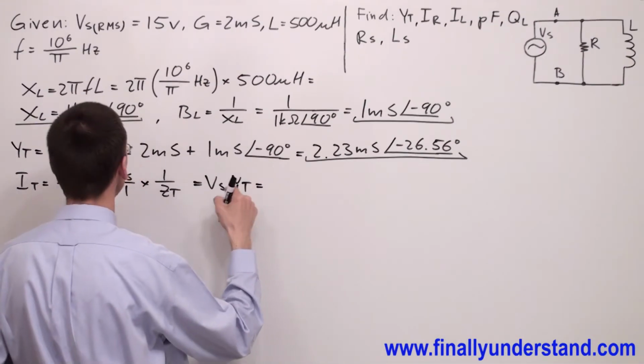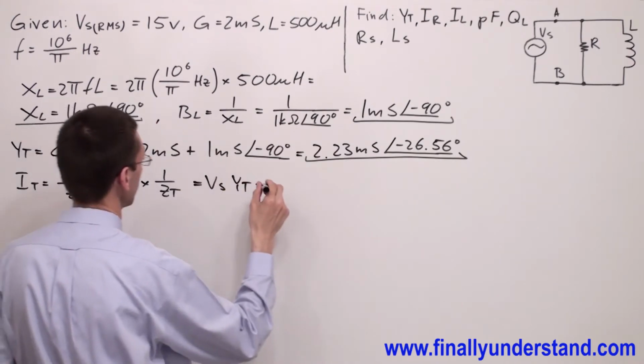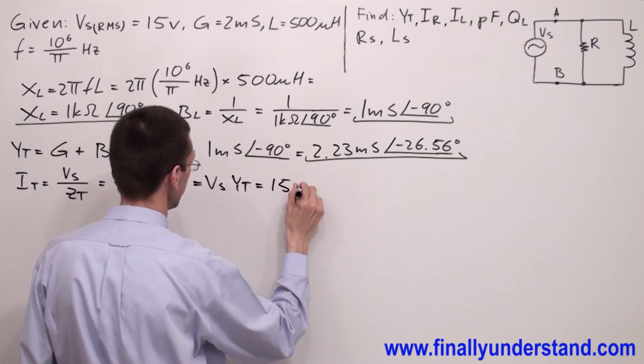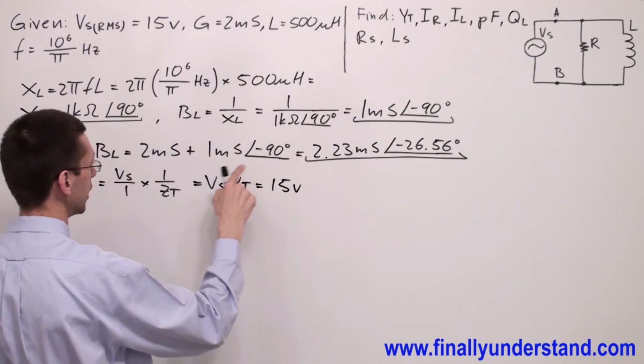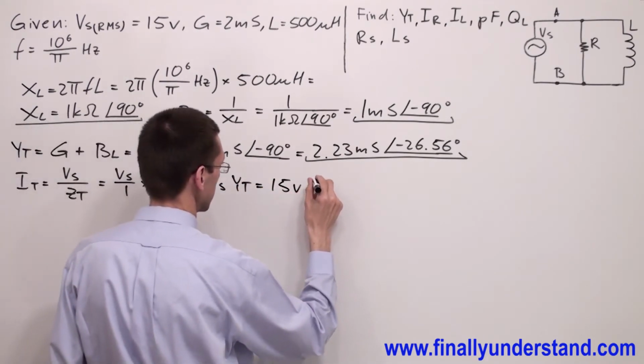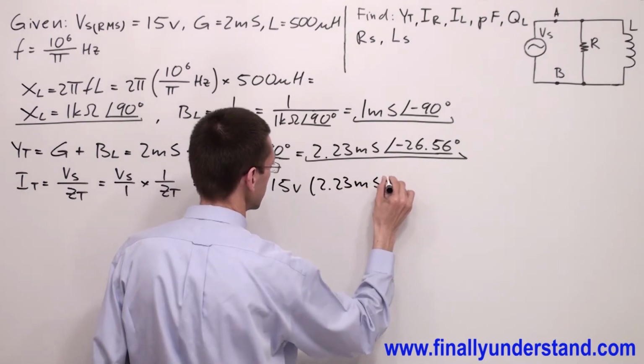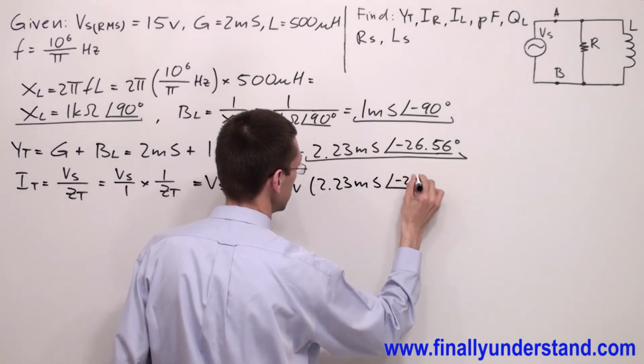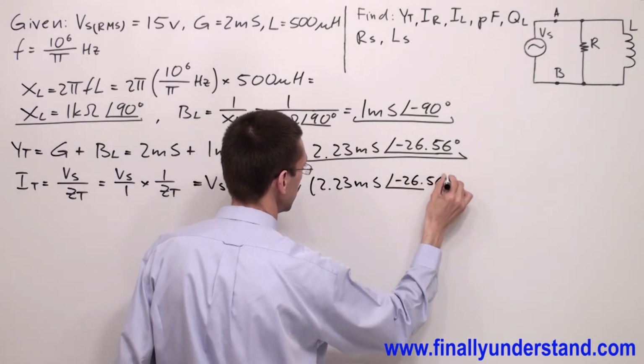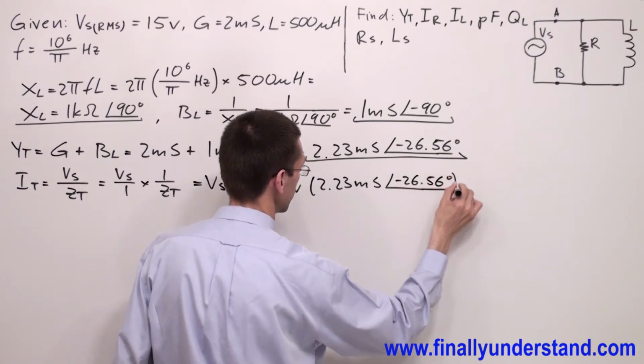This is equal to, voltage source is given, I have 15 volts times Y total, we found it, is 2.23 millisiemens and angle of negative 26.56 degrees.